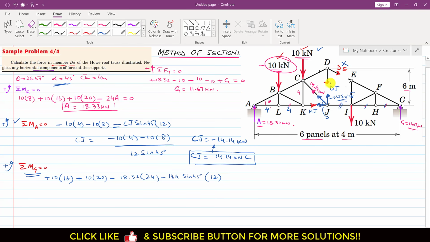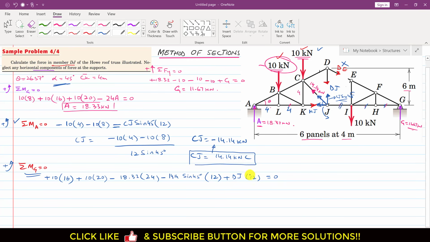And this dj member force is also producing the moment about this point G in the counterclockwise direction. So we will write plus dj, and the perpendicular distance of this dj member force from that point G is again 12. This is 1, 2 and 3, so it is 4 times 3, which is 12, and this is equal to 0. So now as we can see, in this equation we have only one unknown.